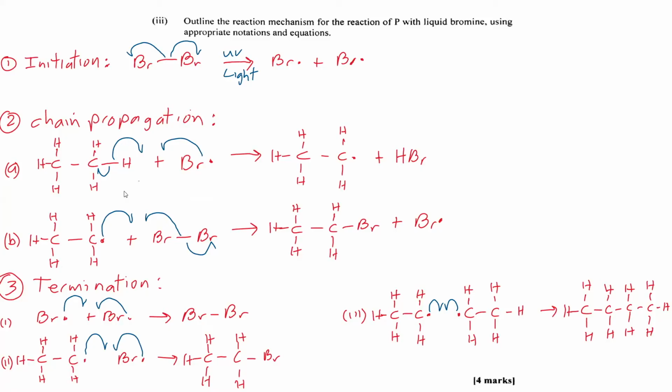So in chain propagation, we must show how we move electrons around. If you come back to initiation, you see that we have a bond here. A bond represents 2 electrons. So let's represent the bond with 2 electrons.